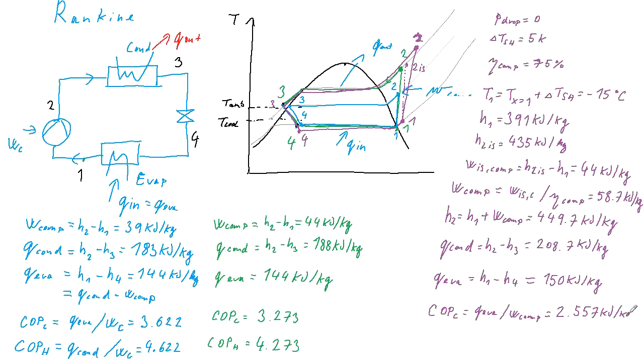And if we operate this as heat pump, and we are interested in the heat of condensation, or heat transfer in the condenser, so it's Q condenser divided by work of the compressor, which will be 3.557.